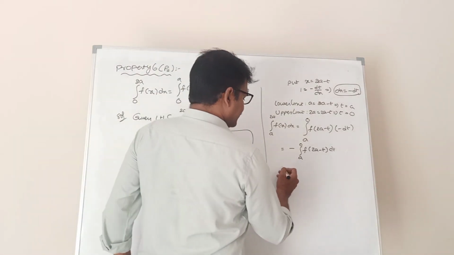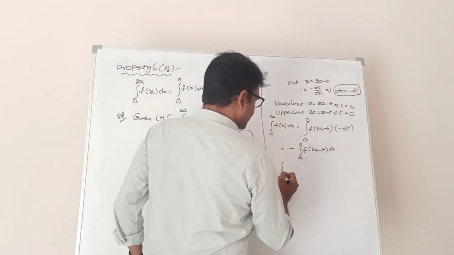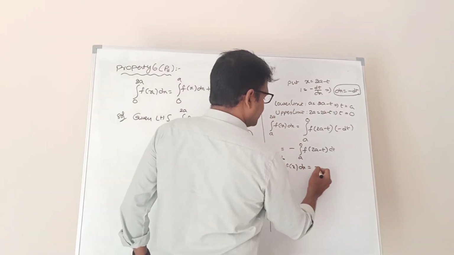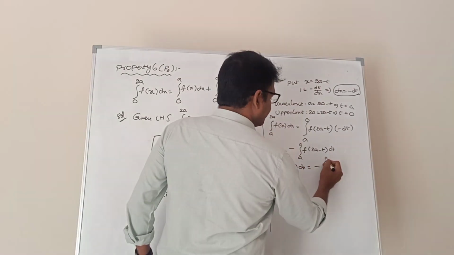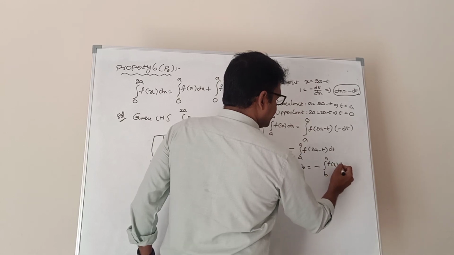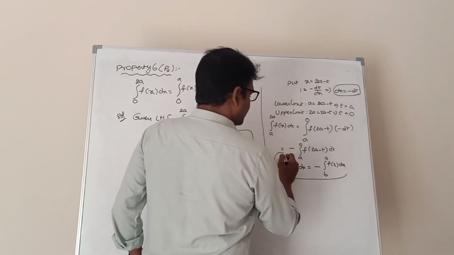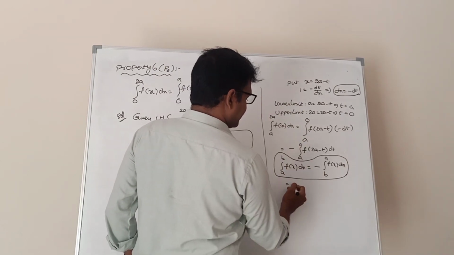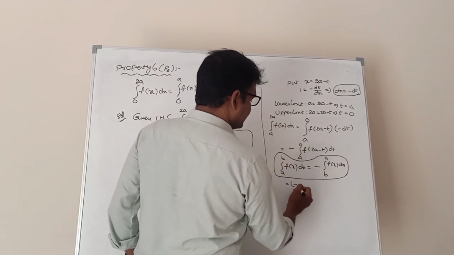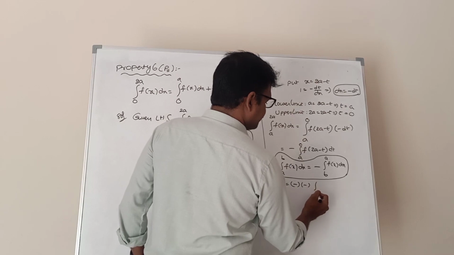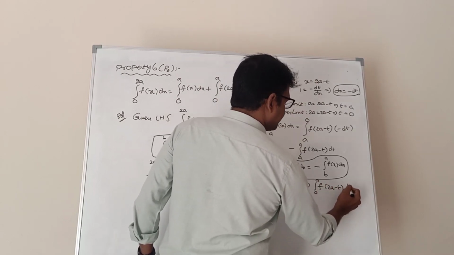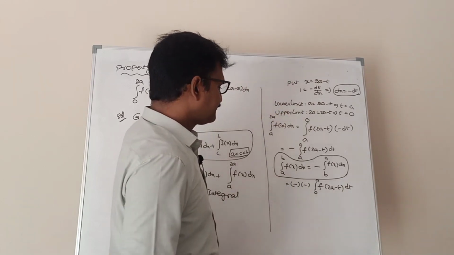Next, according to the second property, integration of a to b f of x dx is equal to minus integration of b to a f of x dx. According to the second property, if you interchange the upper limit and lower limit, you will get the opposite sign. Already minus is there, you will get one more minus: 0 to a f of 2a minus t into dt.